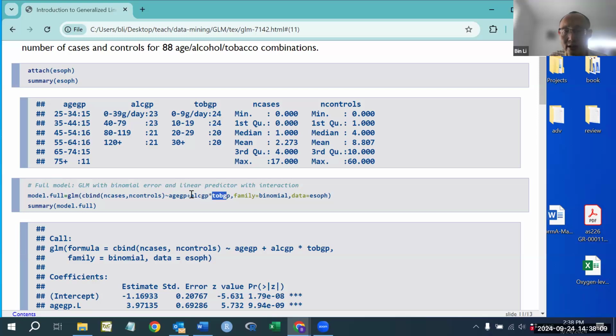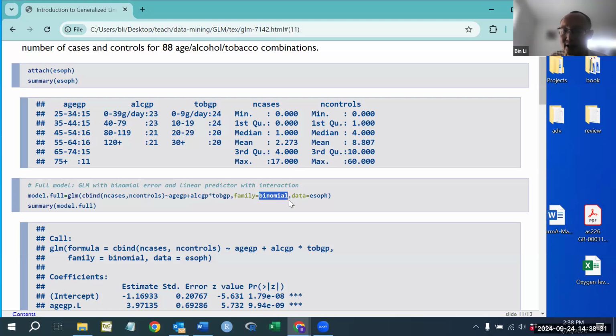But for the alcohol and tobacco group, I used a star here. That means we include the main effect for the alcohol and tobacco consumption, as well as the interaction between the alcohol and tobacco consumption. Okay, and the family is binomial.